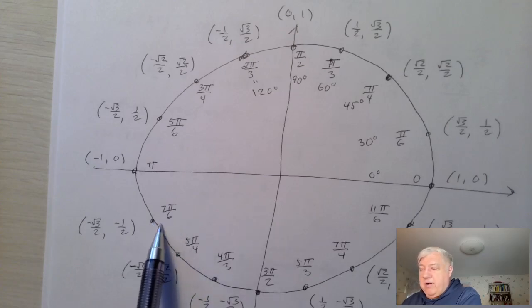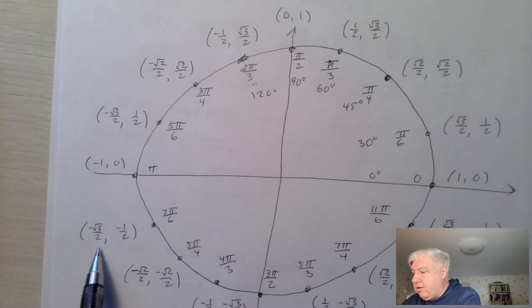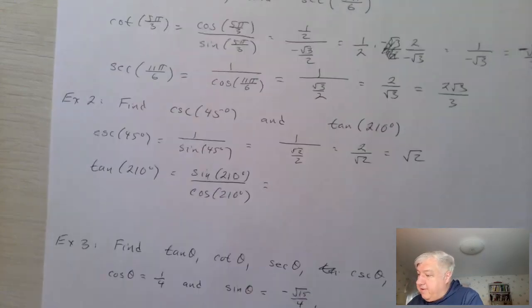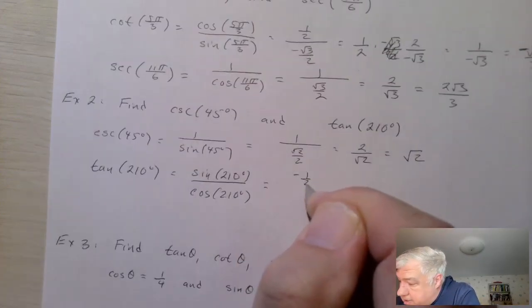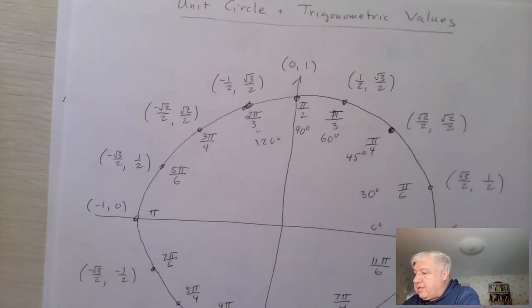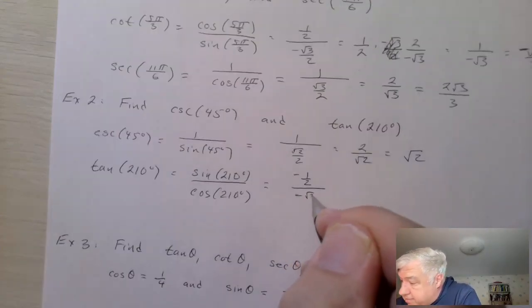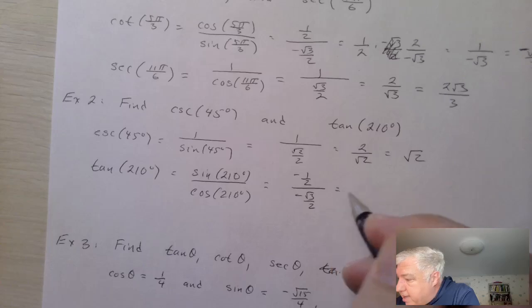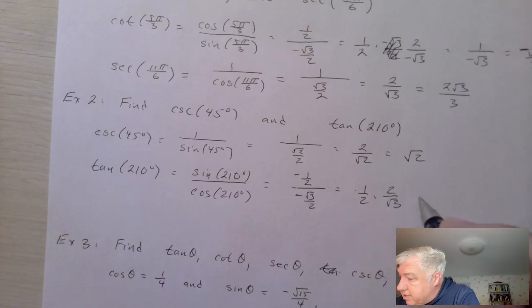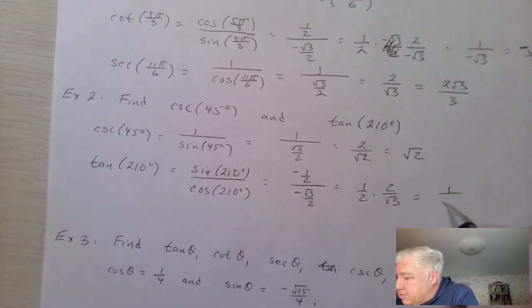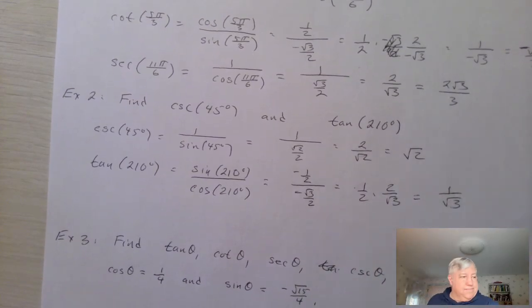So that's 7 pi over 6, and the cosine is negative square root 3 over 2 and the sine is negative 1/2. We want the sine, which is the y-coordinate, and the cosine is the x-coordinate. Again, you can simplify this. The minus signs cancel out, so this will be 1 over square root 3, I think.